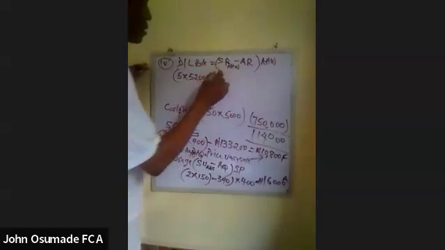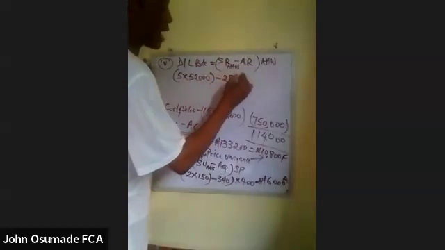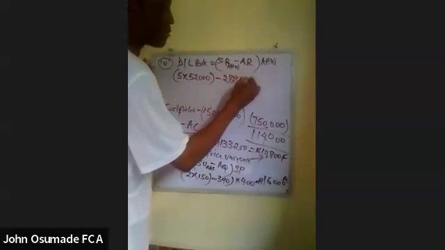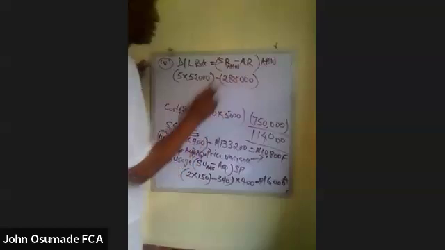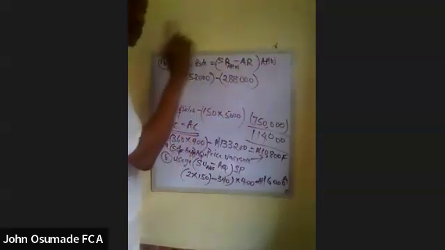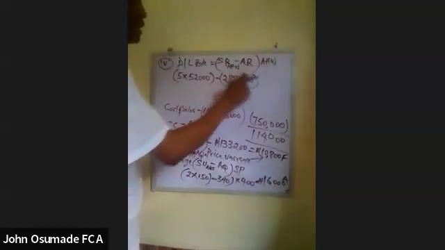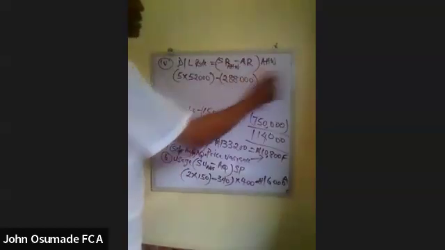minus the actual amount they paid in that question, which is 288,000. There's no need looking for the individual price by dividing the 288 by the actual hour to get the actual rate.